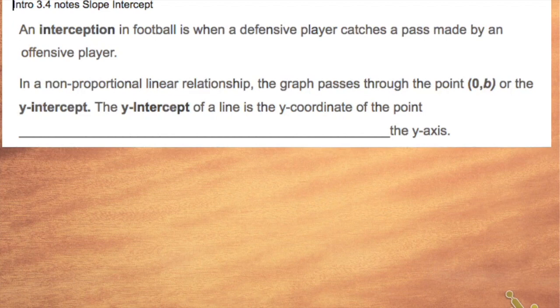So in a non-proportional linear relationship, so a line that doesn't go through the origin, the graph passes through the point (0, b), or the y-intercept. So the y-intercept of a line is the y-coordinate of the point where the line crosses the y-axis.